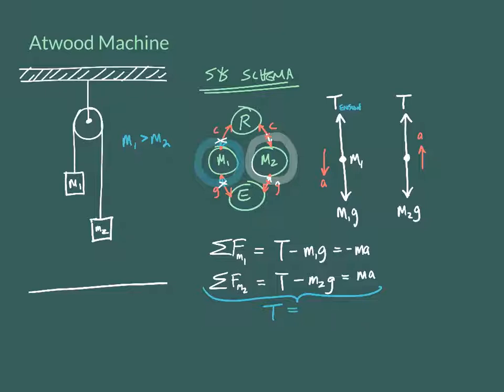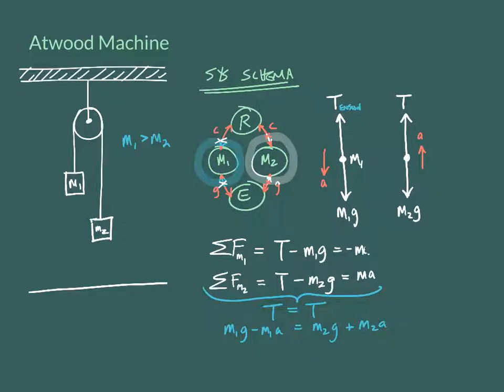Well, T equals T, correct? So that means M1G minus M1A, that's from the first equation, will equal M2G plus M2A. I need to go back and put some subscripts.